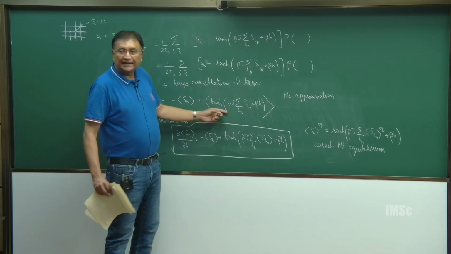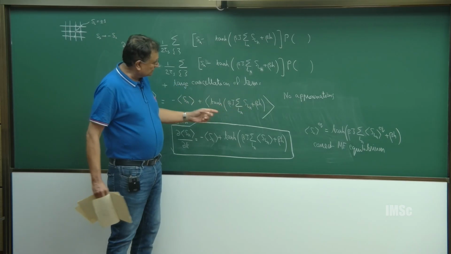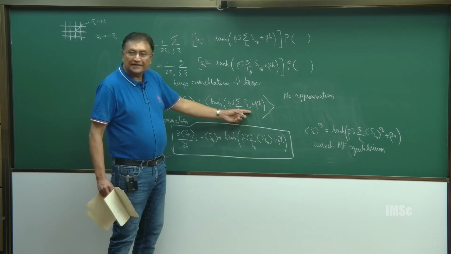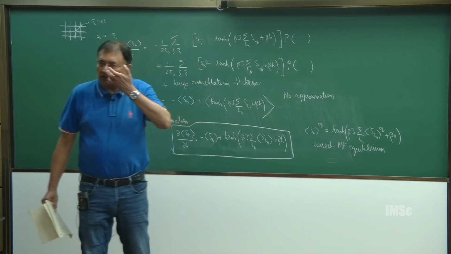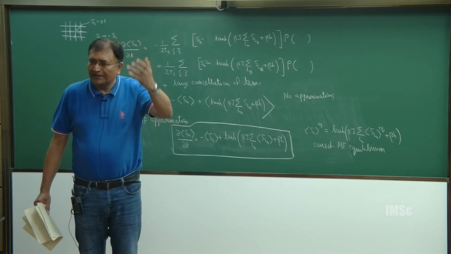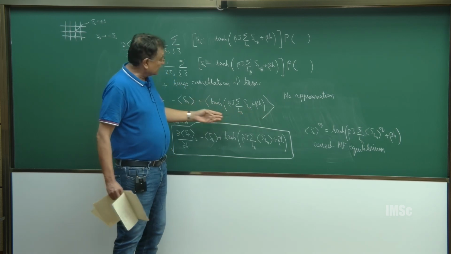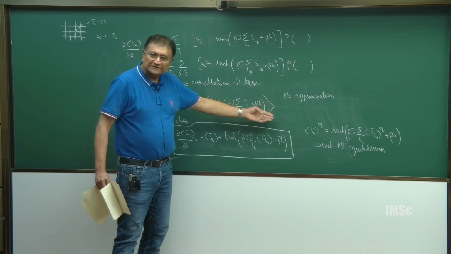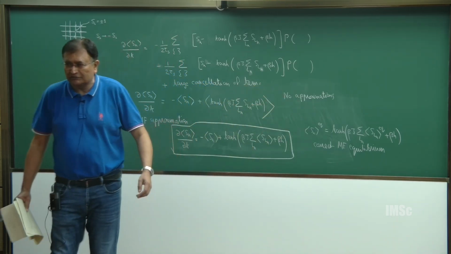Because if you expand tanh as a Taylor expansion, you will get factors of SLN, then you will get factors of SLN squared, cubed, etc., etc. So you will have the expectation value of SLN plus the expectation value of SLN squared plus the expectation value of SLN cubed, and so on and so forth.